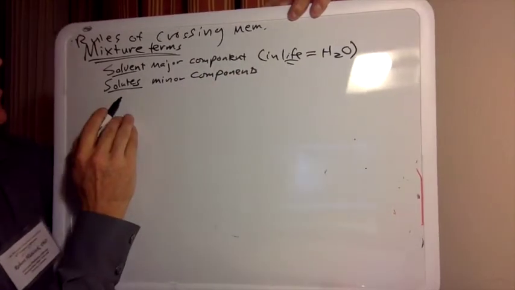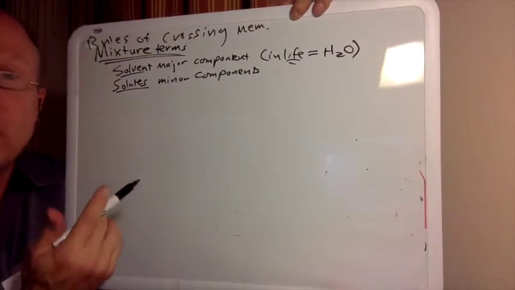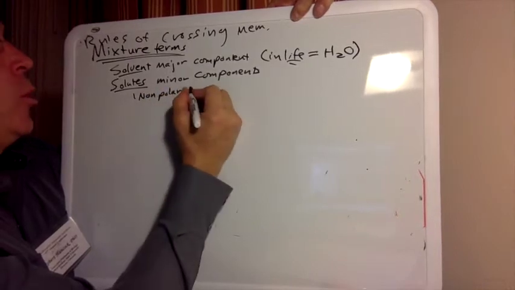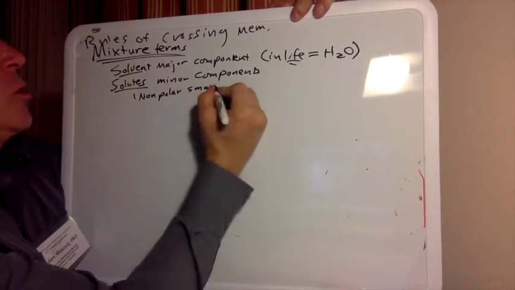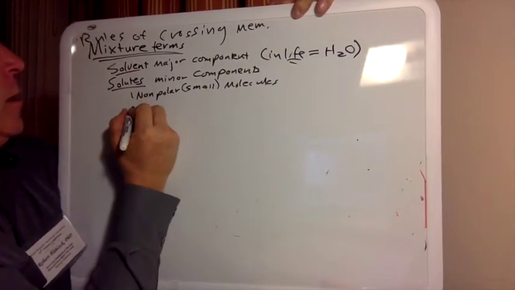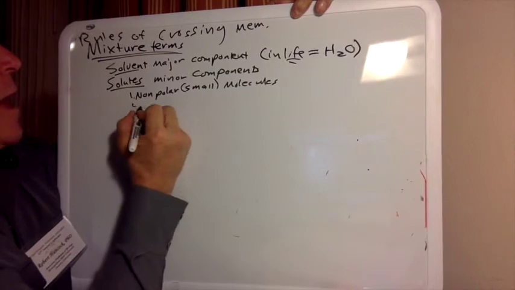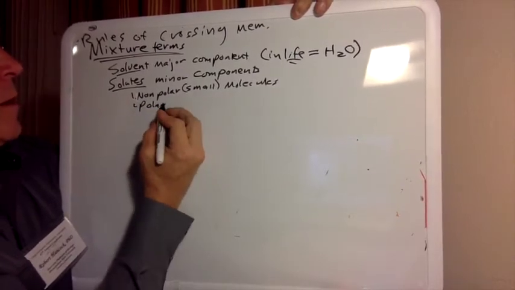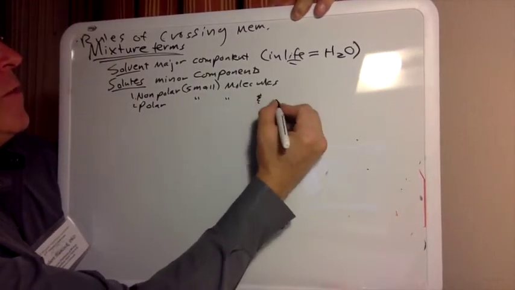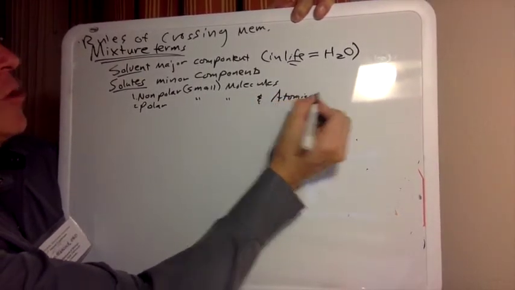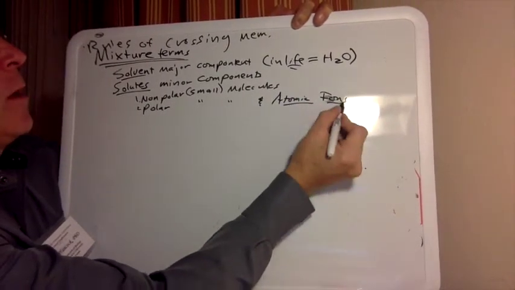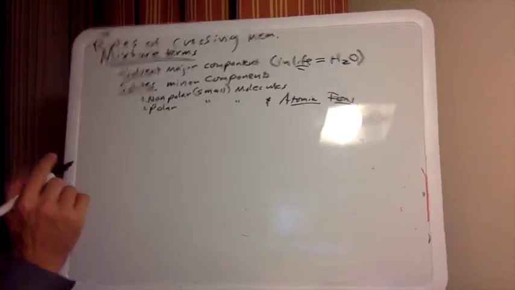I've already identified some solute categories: nonpolar, small molecules, that's a type of solute. And then underneath that, polar things, and that could be small molecules. And you can also have, as I mentioned, atomic ions. These are going to be solutes in the game of crossing membranes. So there's our mixture terms.